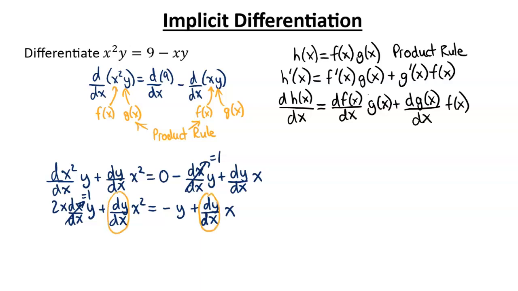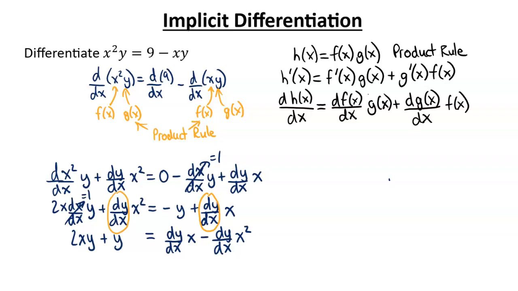Now, what we're trying to do is get the dy over dx terms together. So the one on the left, I'm going to bring over to the right side of the equation, and I'm going to bring the negative y on the right side of the equation over to the left. You can see how I've done that there. So now I have dy over dx times x, and then the one that was multiplied by x squared, I'm going to subtract as I bring it over to the right.